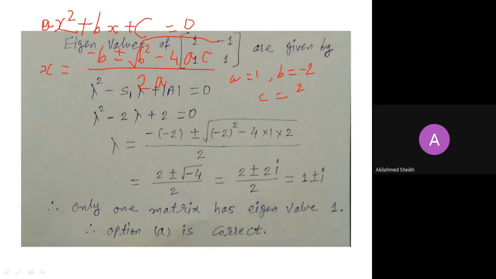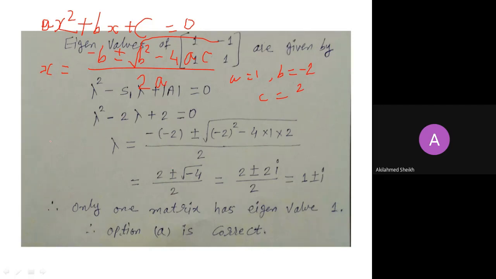So using these values in this equation, we get lambda equals minus times minus 2 plus minus under root of minus 2 square minus 4 into 2, that is 8. So it remains 2 plus minus. Now minus 2 square is 4. 4 minus 8 is minus 4. This is 2 plus minus root of minus 4, divided by 2.